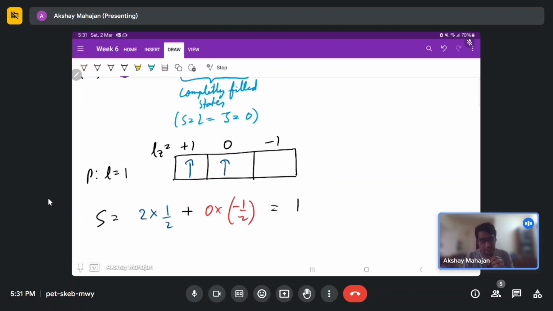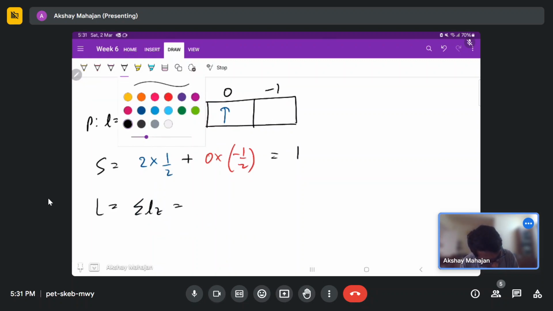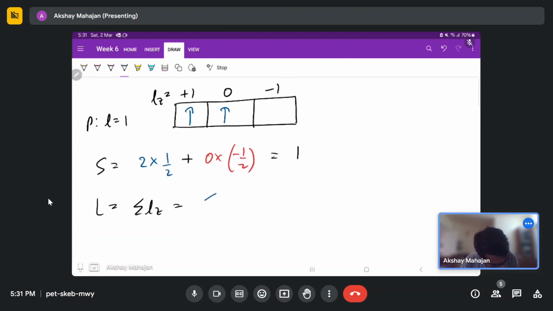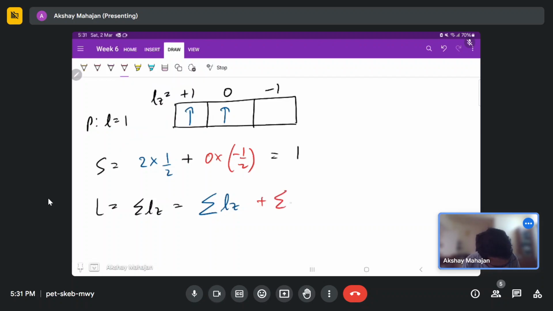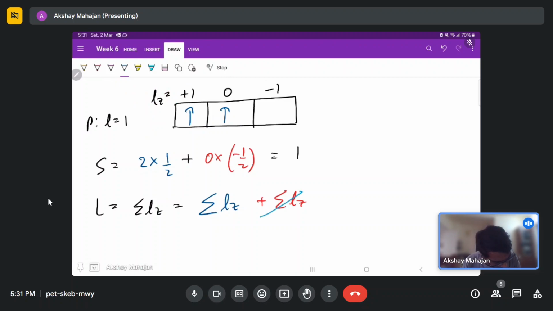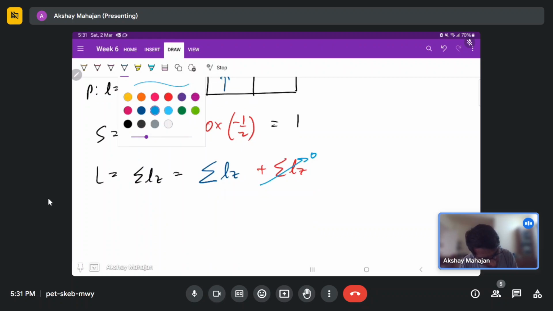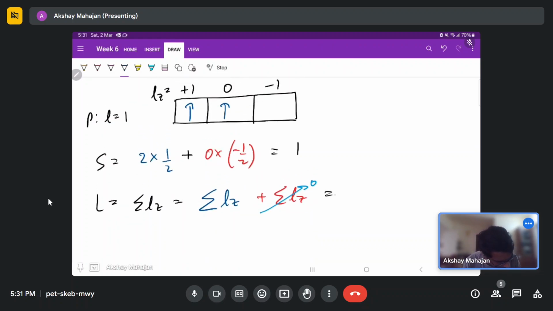Then the capital L value is given by the summation of Lz for the spin up and the spin down case. This time the spin down case is 0 because we have no spin down electrons, and summing over all these Lz values, we have plus 1 and 0, so it will be 1.